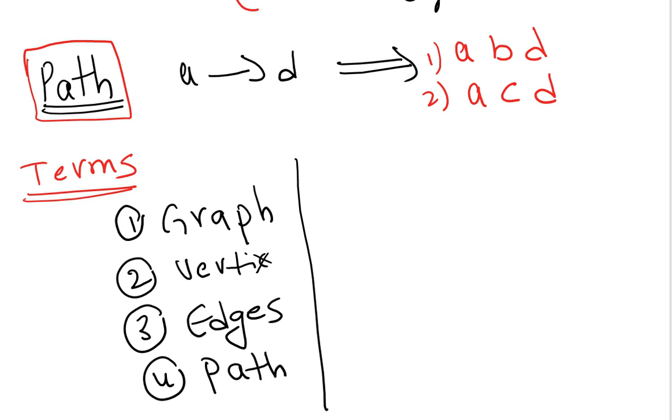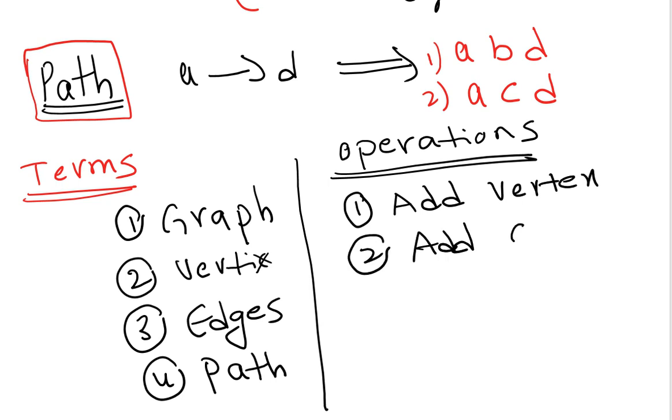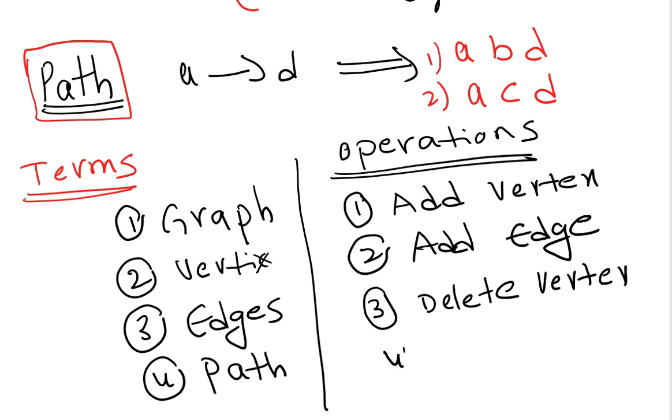Now what can the operations be here? Operations may be: you can add a new vertex, or you can add a new edge, and then we can delete a vertex, or you can delete an edge.